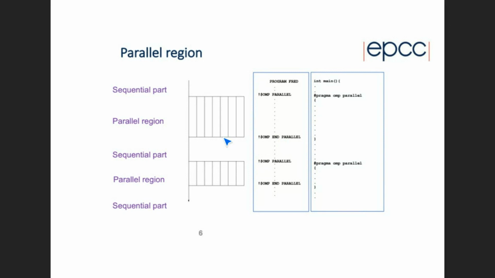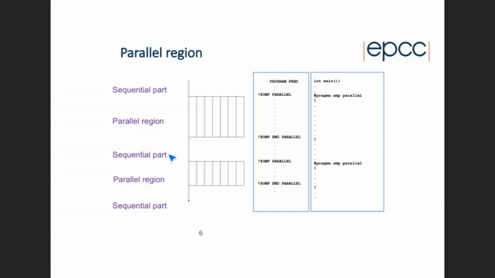So effectively, there's a synchronization point at the end of the parallel region. The master thread then carries on executing on its own. So we're back in what OpenMP calls the sequential part of the program. And then we can repeat this process as many times as we like during the lifetime of the program. A real OpenMP program could execute millions of parallel regions during its lifetime.